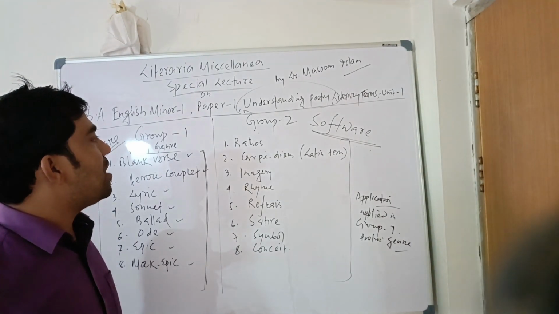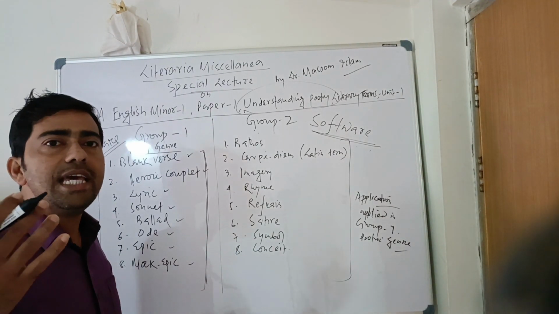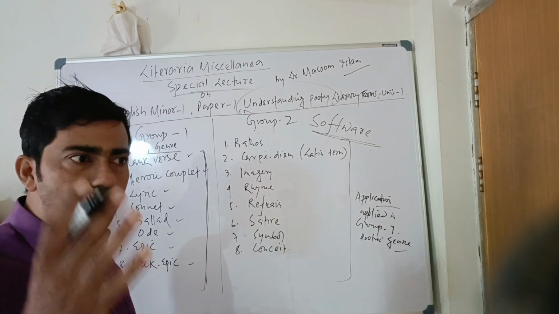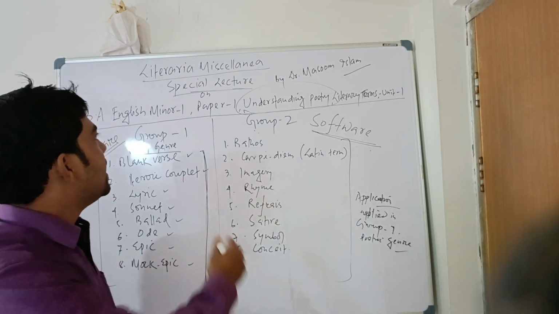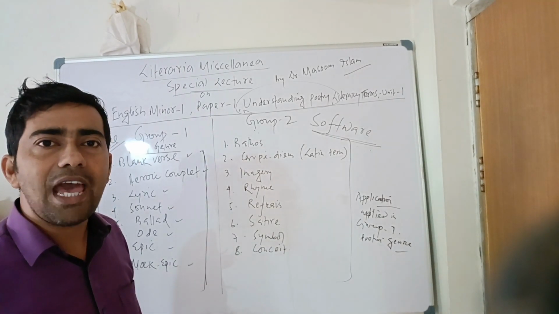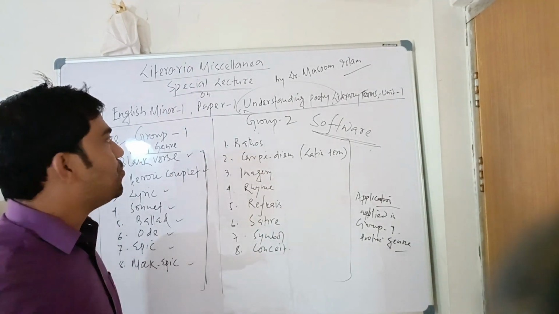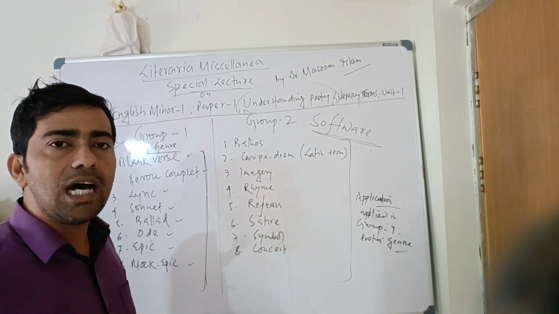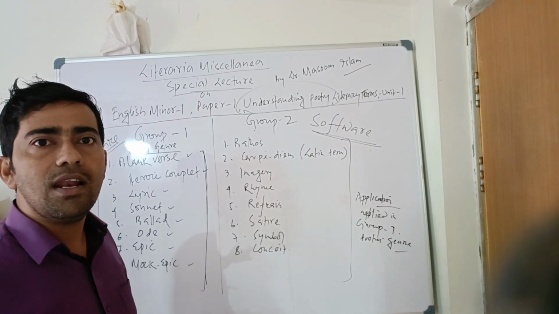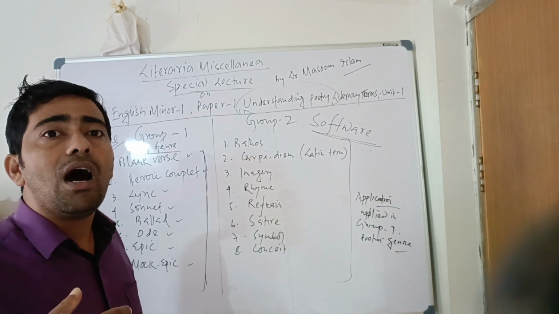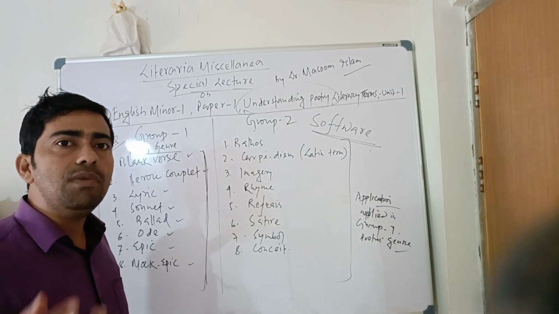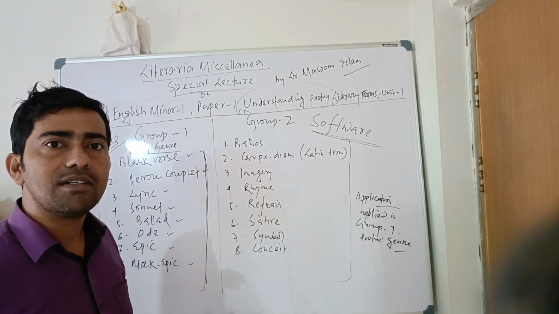This is going to be very impactful and very memorable for you, because so far I have found this trick to be the most influential for the initial understanding level of students from BA English Minor 1.